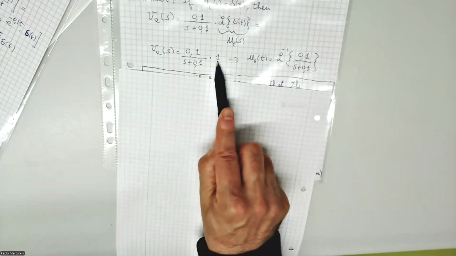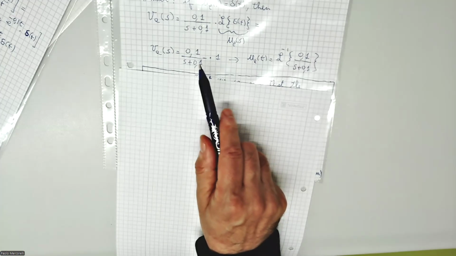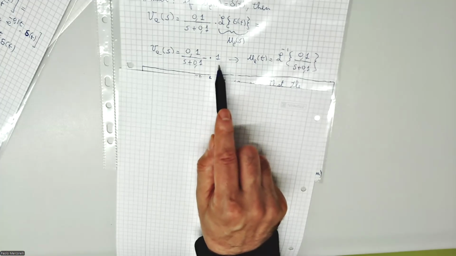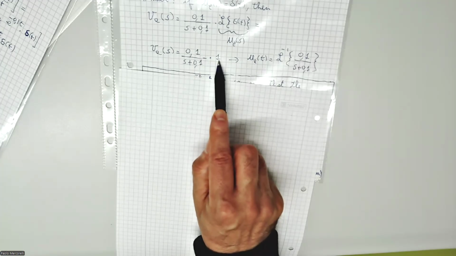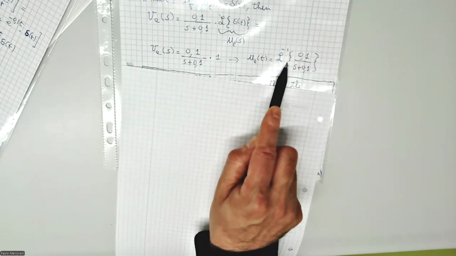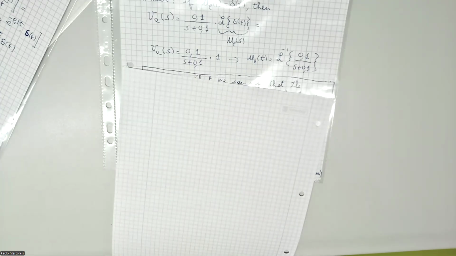Why 1? Because the Laplace transform of the delta is 1. Look at the table. I think I also demonstrated, or sketched the demonstration, in the presentation. Back transformation now, no? Very important, because if we do that in time, delta is a difficult function.